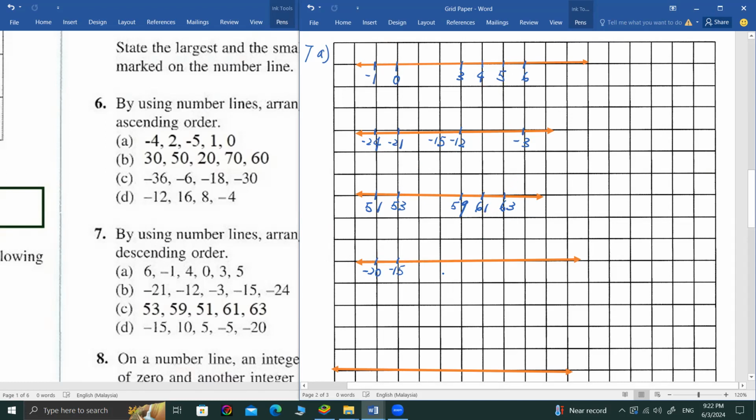Make sure you do all your work accordingly, because I'm going to mark.